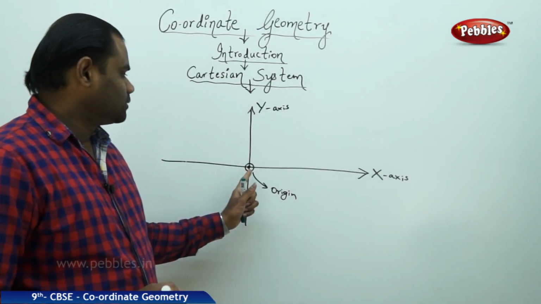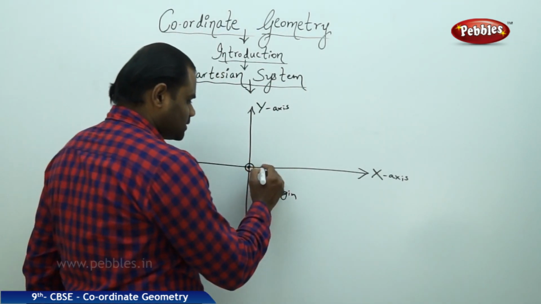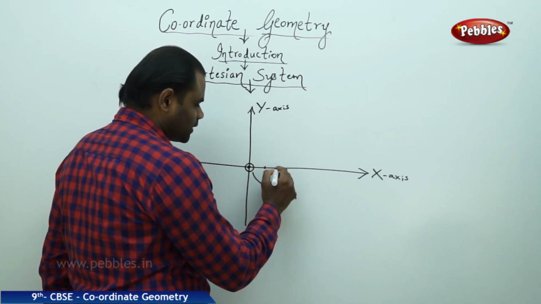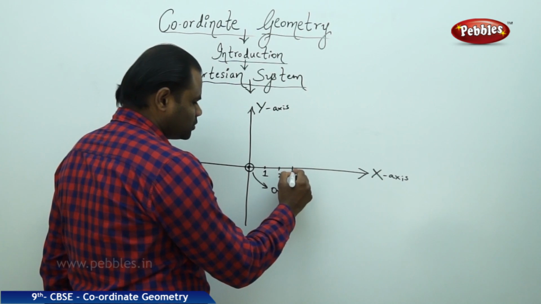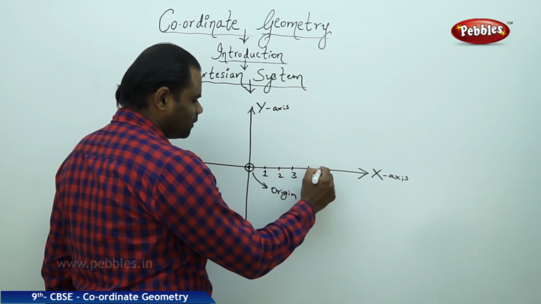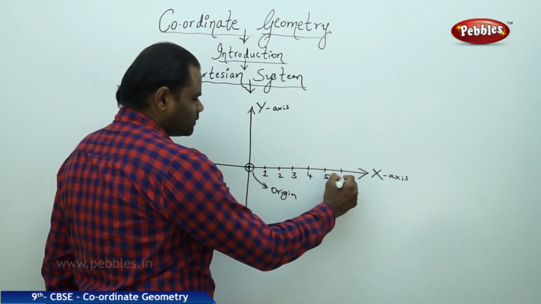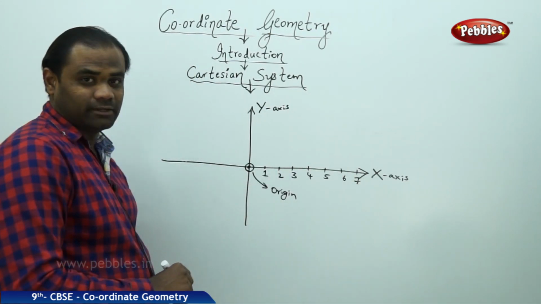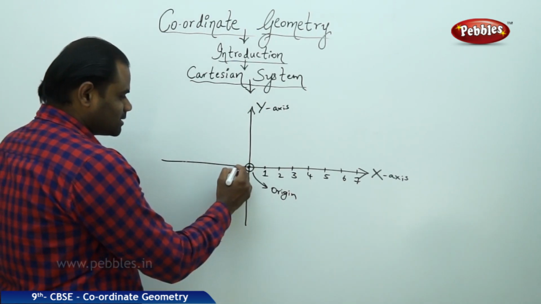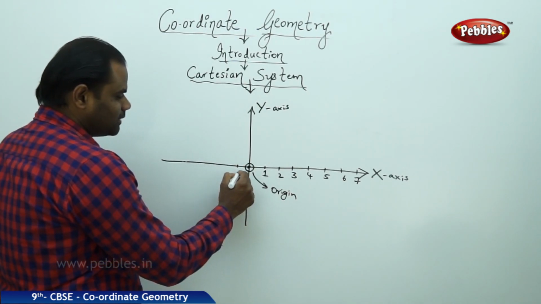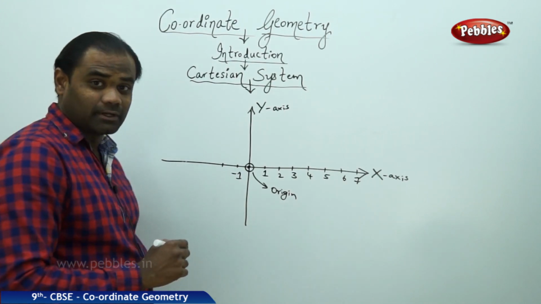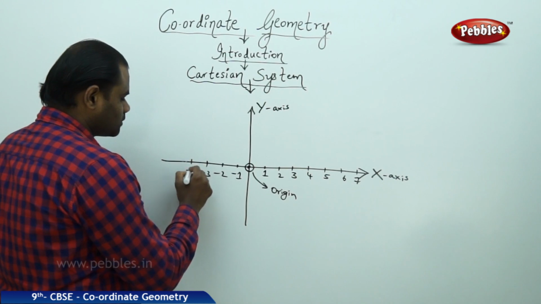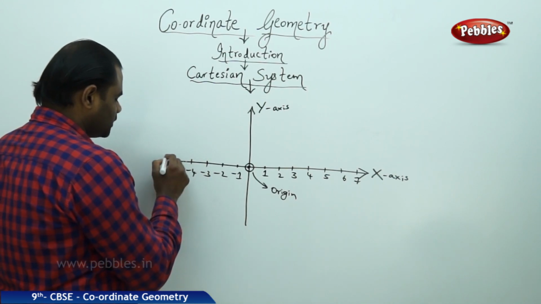Therefore, I have to define the right side of the x-axis, which is the positive x-axis. I take all the values on the right, denoted by 1, 2, 3, 4, 5, 6, 7, etc. It goes on and on till infinity. The left side of the x-axis is denoted by negative real numbers like -1, -2, -3, -4, -5, and so on.